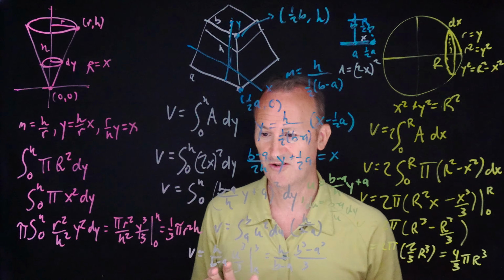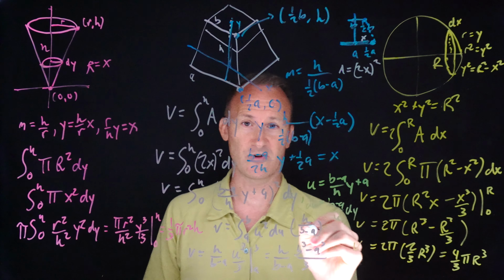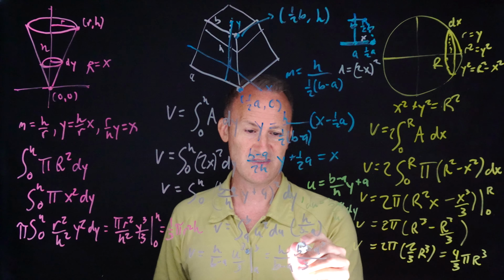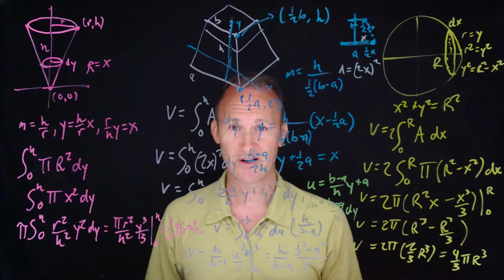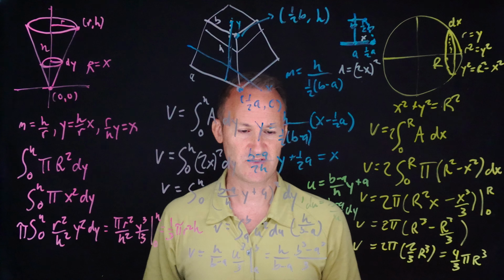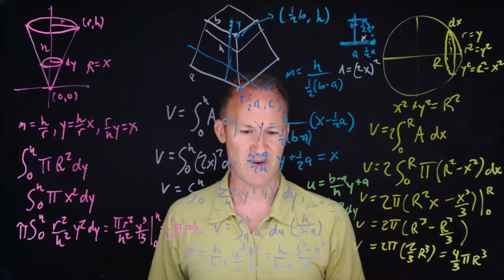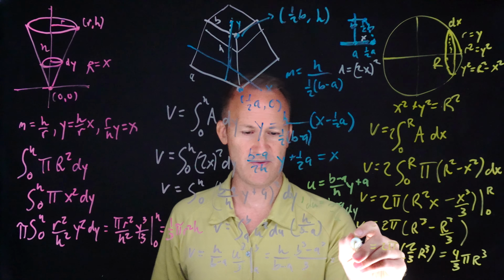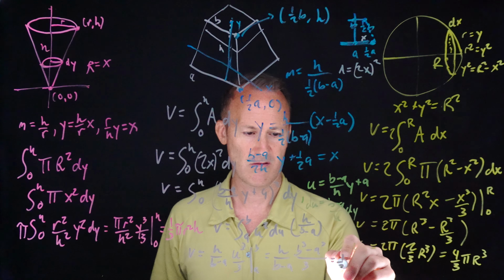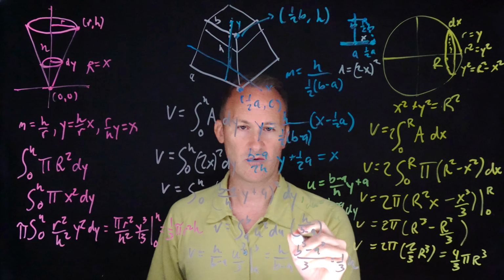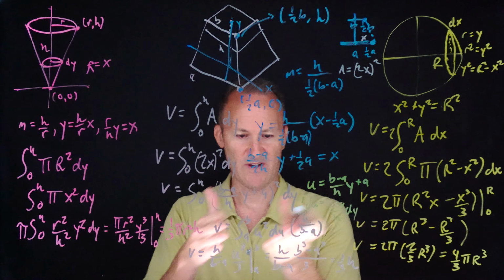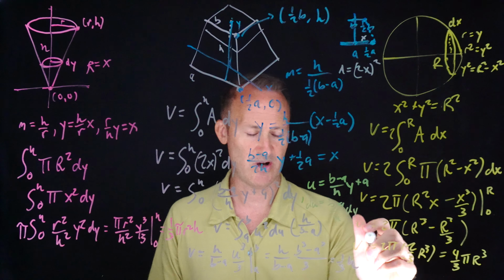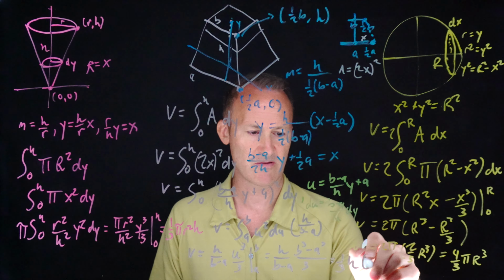So this could be simplified a little further because this is a difference of cubes, and the difference of cubes actually has a factorization. And so what we're going to end up with here is the 1/3 h, and then one of the b minus a's is going to factor with that b minus a. You can pull out a b minus a, and what are you left with?